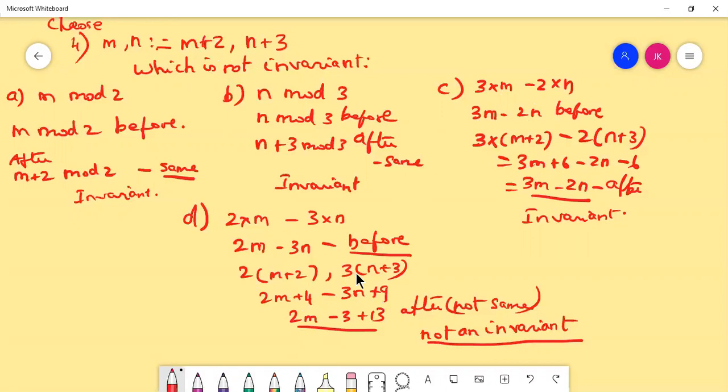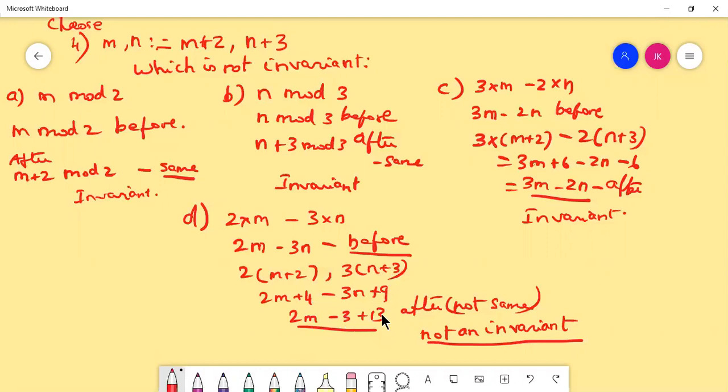Okay, I change this. 2m minus 3n, and you'll get minus 9 and plus 4. I'll get my answer as minus 5. So my final answer should have been 2m minus 3n minus 5. There's a mistake over here.